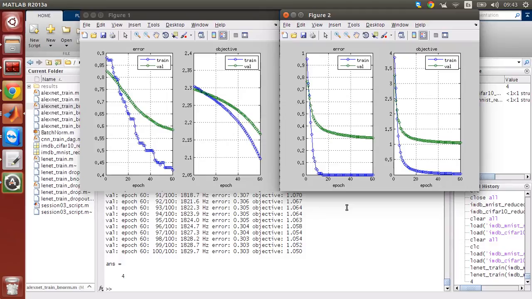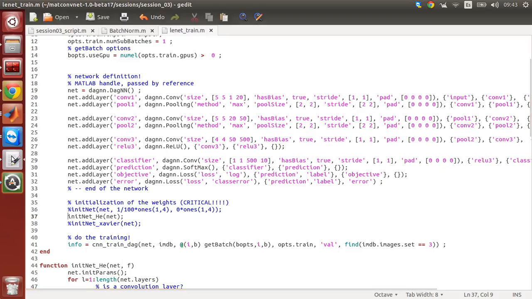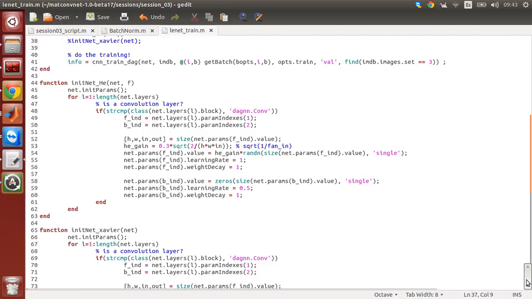So in this case, Hay initialization is a bit more sophisticated than the initialization we saw before. It's still using a Gaussian distribution, but then each Gaussian is rescaled following a simple rule that takes into account the fan-in of that layer.